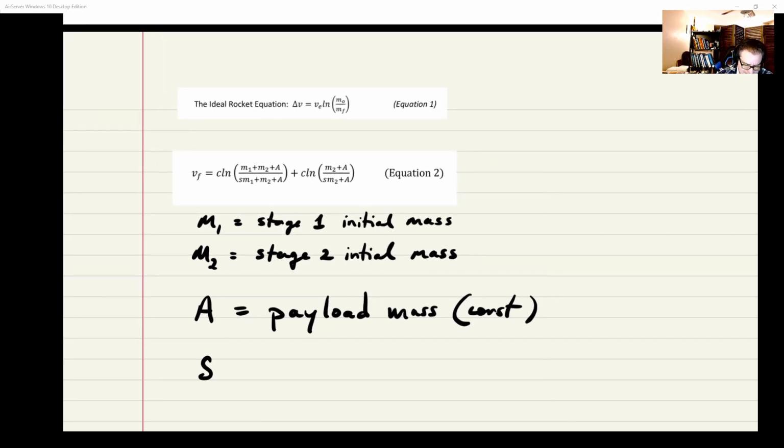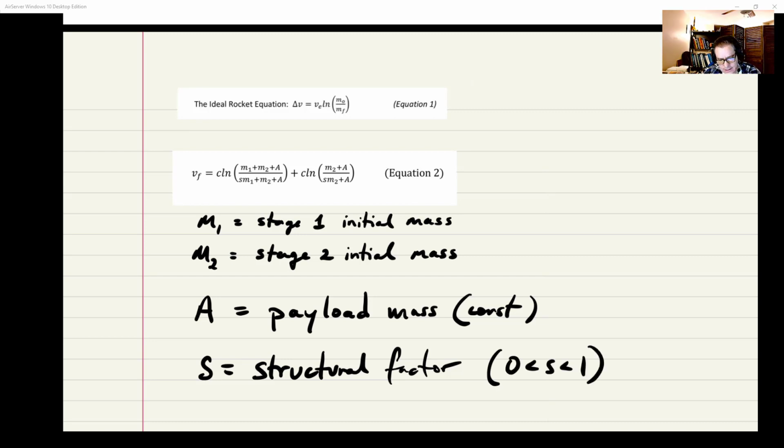And this S, this is a structural factor. So what that represents is some value between 0 and 1. And it represents the percentage of the rocket that is just structure, like engines and tanks and the hull and all of the mechanical components other than the fuel.